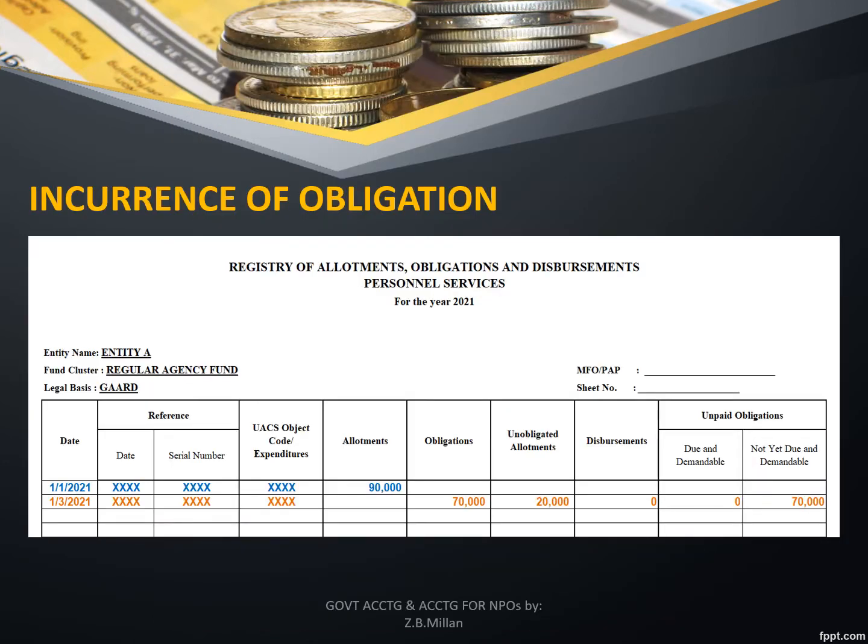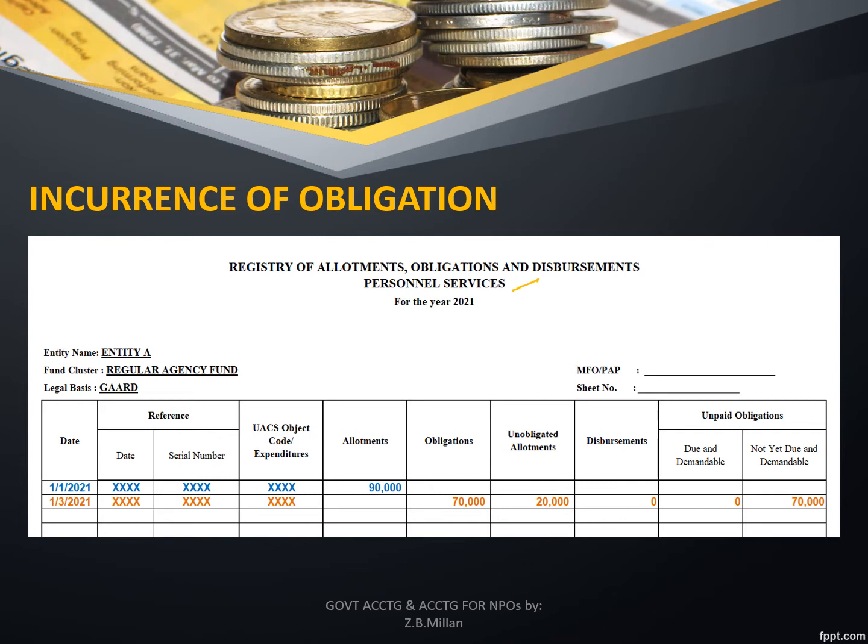So, sa RAOD, yung incurrence ng obligation shall be recorded as follows. Depende kung saang object of expenditure papasok yung contract or yung obligation na pinasukan ni entity A. So, let's say for example, for the contract of service or the job order contract, papasok siya sa personal services because ang expenditure is for the contract of service.